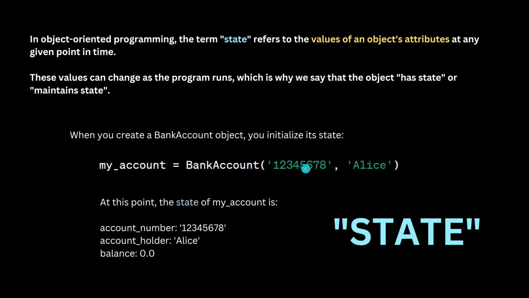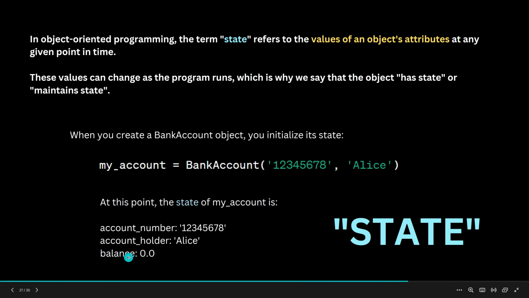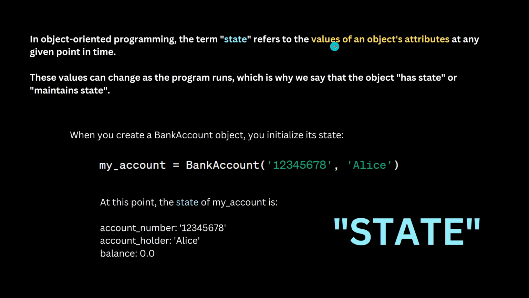Alice with number 2. What is the state of my account Alice? The state of my account Alice is account number 2, account holder Alice, the name, and the balance 0. The state is the values of the attributes of the object.